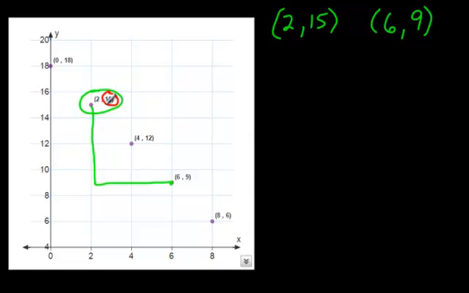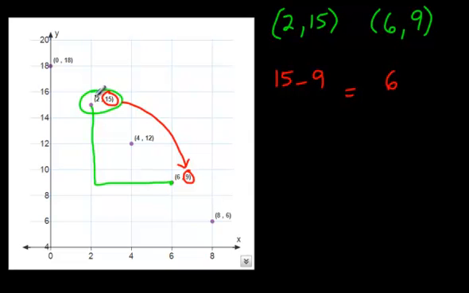Alright, so I circled the 15 to show you the y value there, and I'm going to circle the 9 to show you the y value here. What you do with these two is, we decided to start from here and go this way, so just subtract these two to find the difference between them. 15 minus 9 is equal to 6. Okay? Do the same thing with the x values.